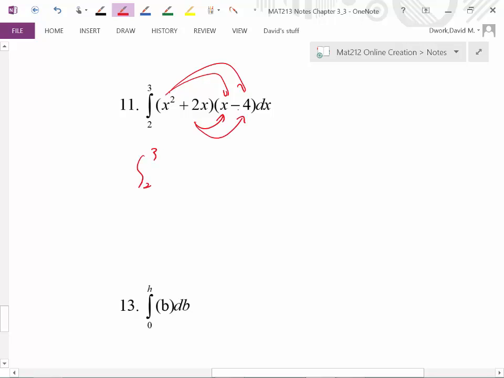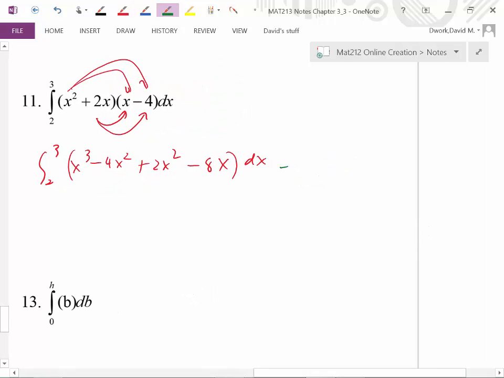Okay, so x squared times x makes x cubed. X squared times a negative 4 makes negative 4x squared. 2x, sorry, this would be plus 2x squared minus 8x dx. Okay, so now we can do this integration.